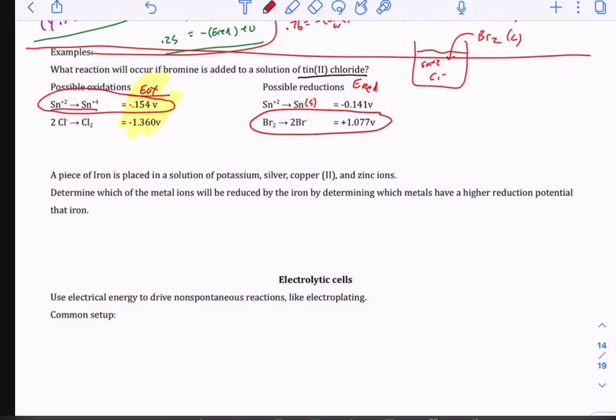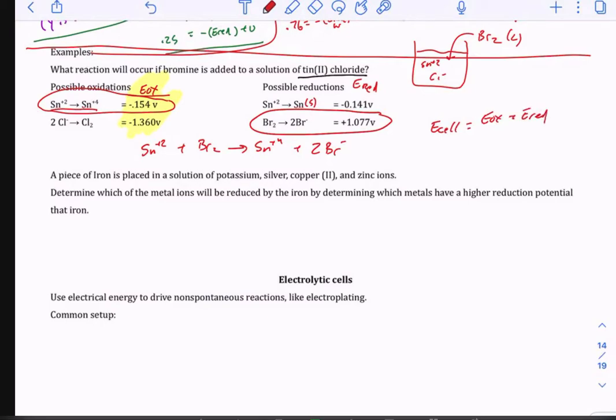So the overall reaction would be your tin 2 positive plus Br2 forms tin 4 plus 2 bromide, right? And then E cell you find the same way we always found it, right? You take E ox plus E red, both of which we have.